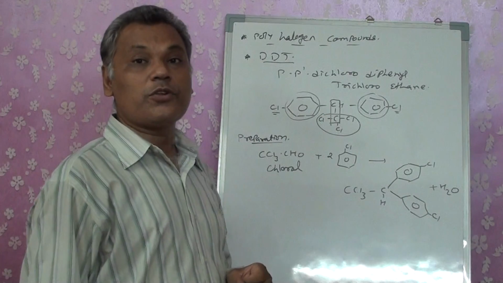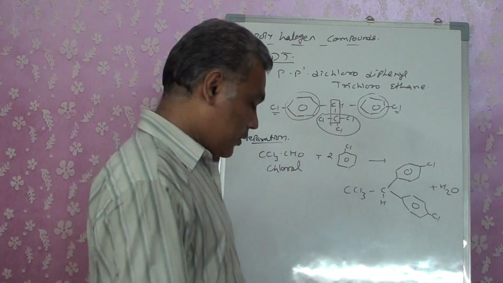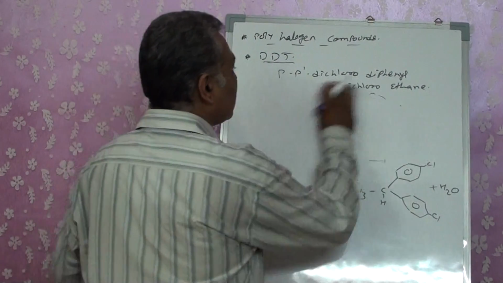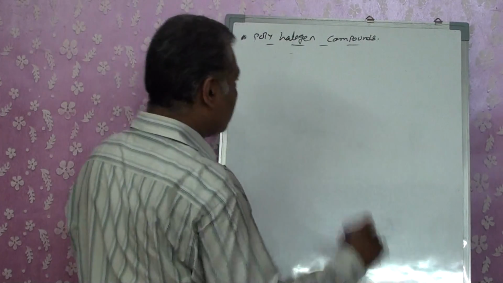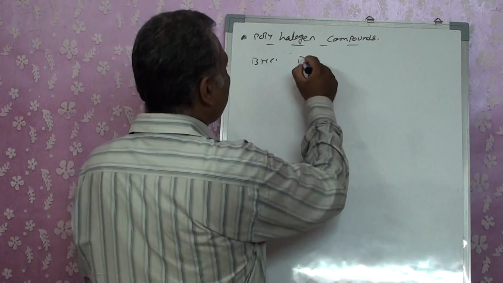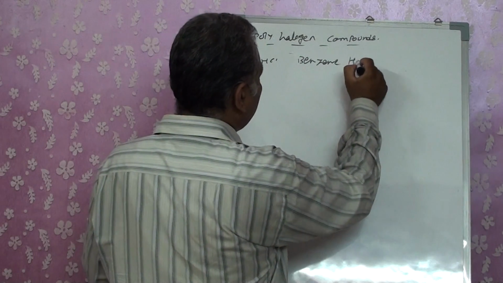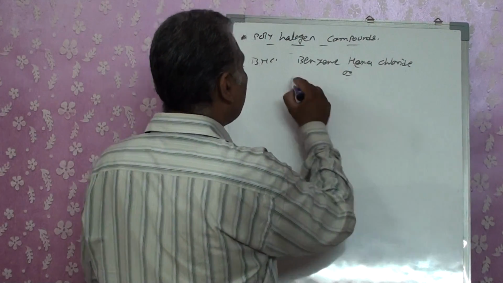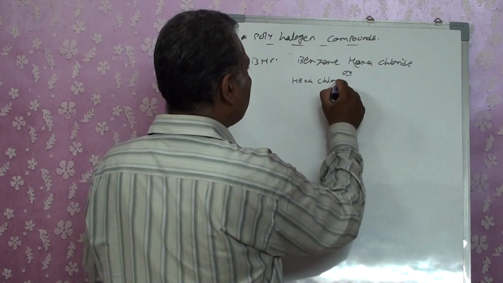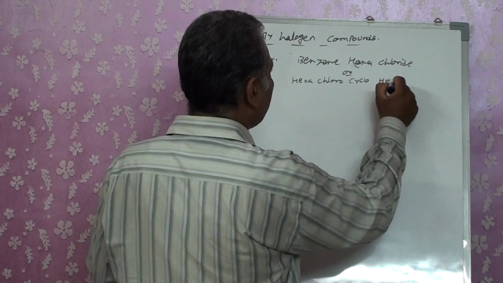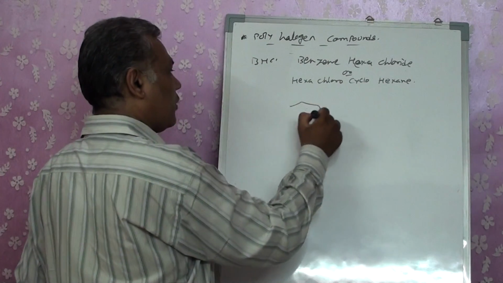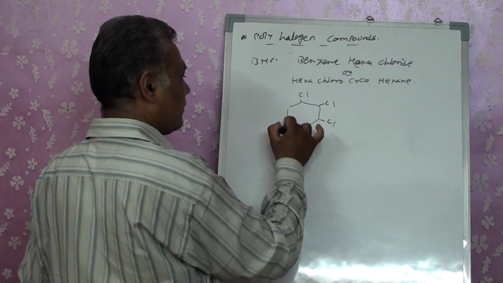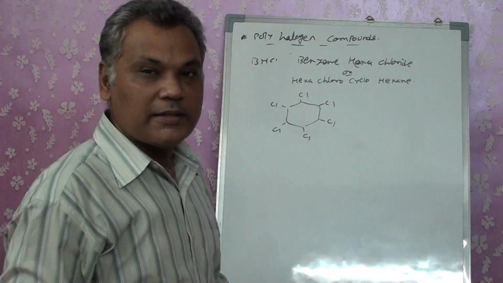So an alternate option was also necessary to be studied, and they found that the alternate option in place of DDT nowadays is BHC, benzene hexachloride or hexachlorocyclohexane, where particularly the structure we have is termed as gammexane.